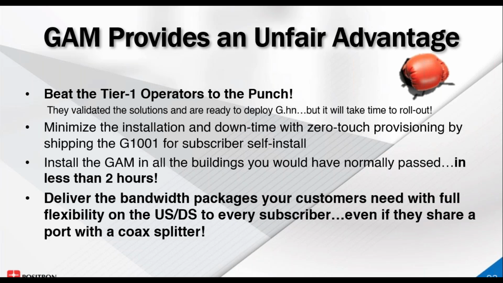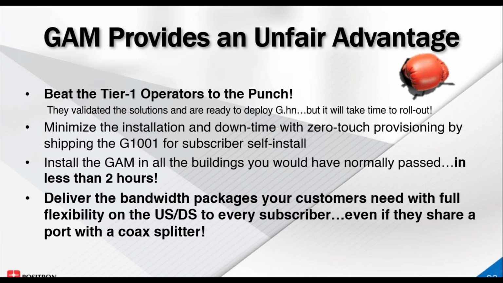And we're starting to see this where we have customers that were in competing scenarios against the incumbent, and they were able to bring very aggressive pricing, still maintaining very healthy margins, and beat the tier ones to the punch. It installs in hours. Usually 2 hours is all you need to install a GAM device, and with practice, you can probably get it done in about 1 hour.